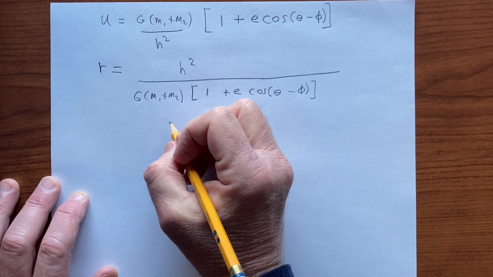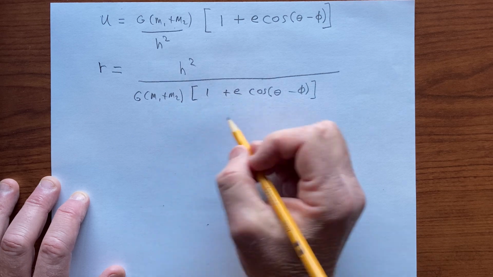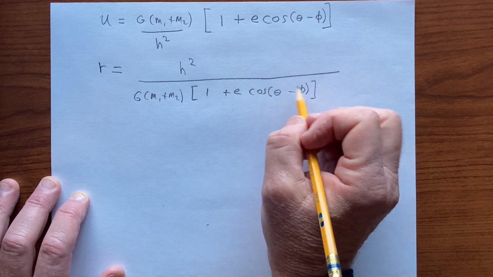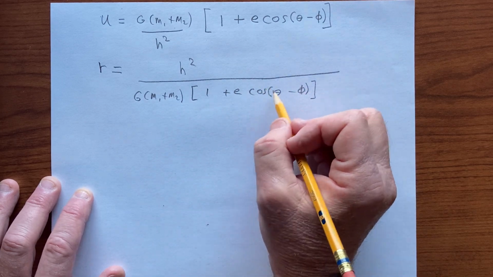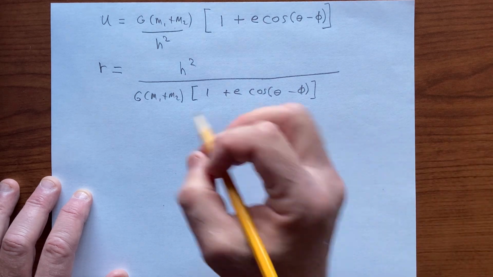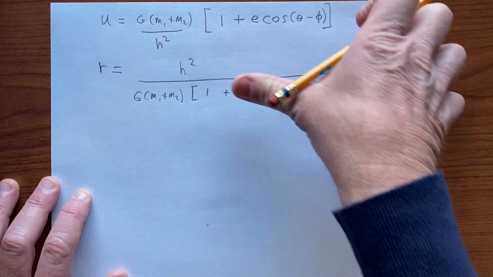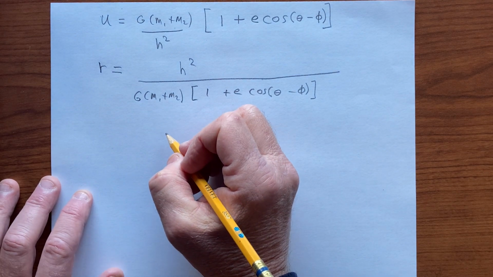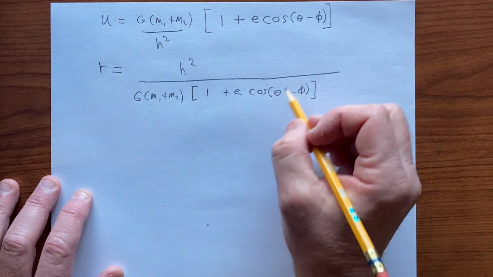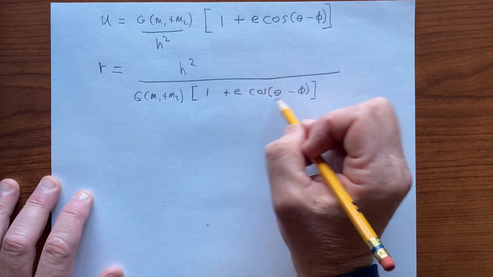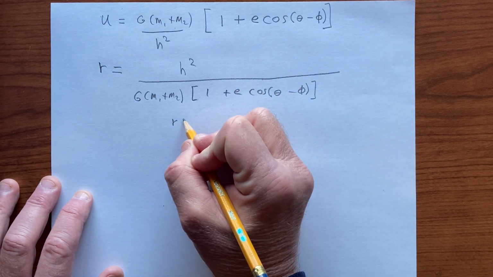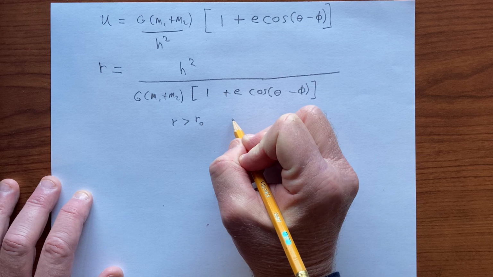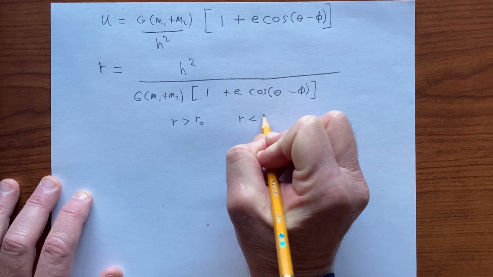Let's see, if cosine, so this thing can be 0 for some values. And then for those values where this is 0, we can call that r naught. And for values where this is not 0, then we'll have values of r which are greater than r naught, and values of r which are less than r naught.